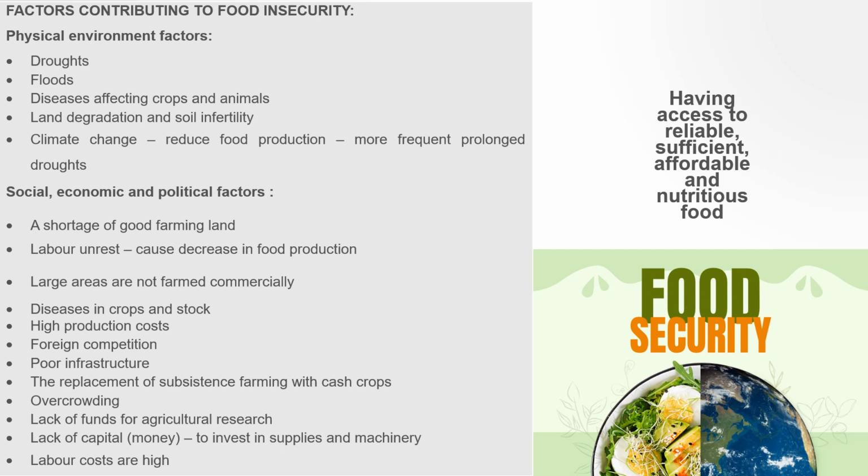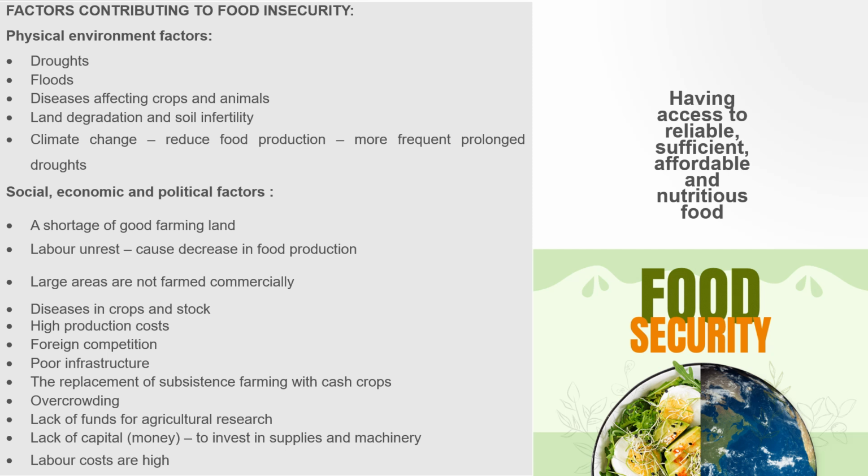So, factors contributing to food insecurity. There are physical factors. The physical factors are your droughts, your floods, diseases affecting crops and animals, land degradation and soil infertility, climate change reducing food production, and more frequent prolonged droughts as well. Then you've got your social, economic, and political factors. A shortage of good farming land, labor unrest, which then causes a decrease in food production.